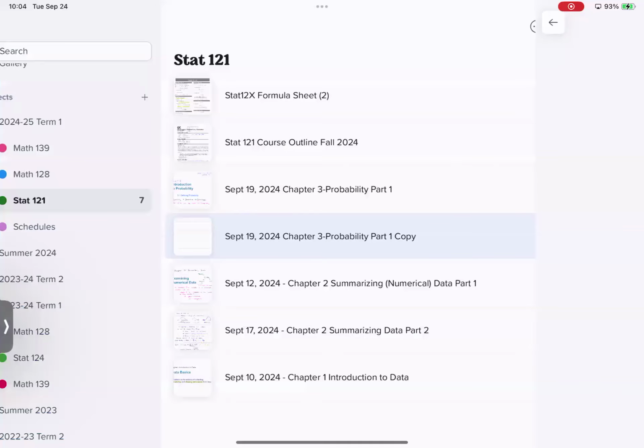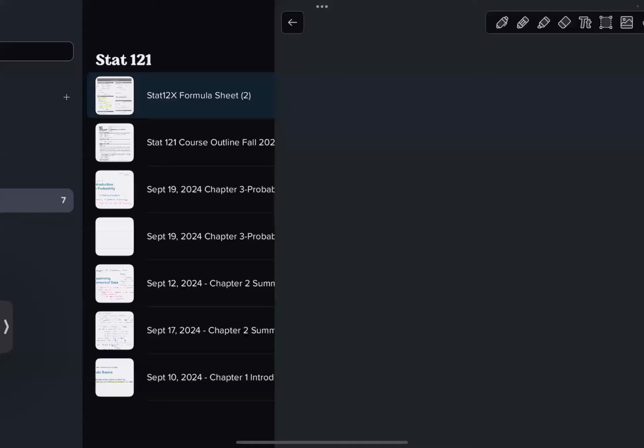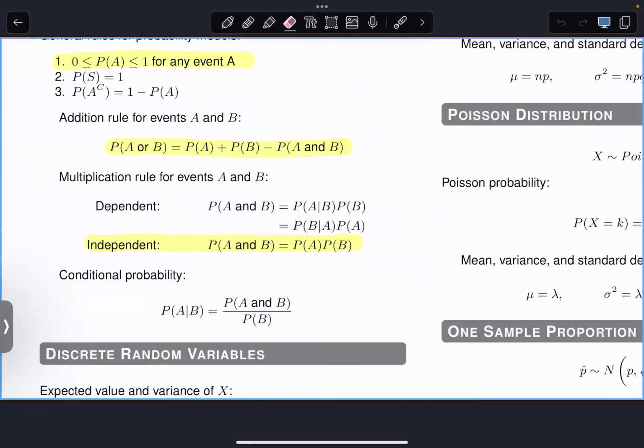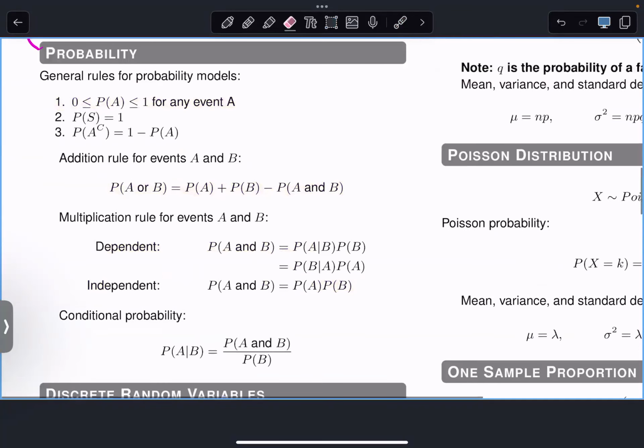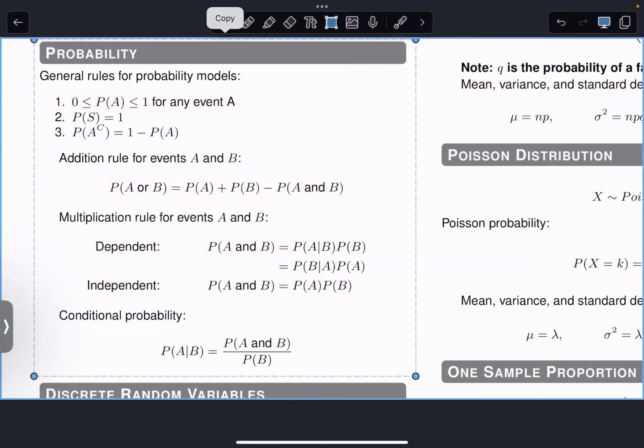So let's have a look at that probability section on your formula sheet. I highlighted some stuff, but just as a review, let's snag this part of your formula sheet.